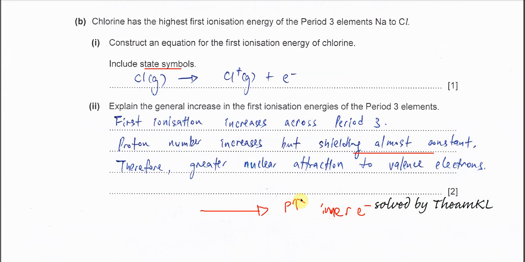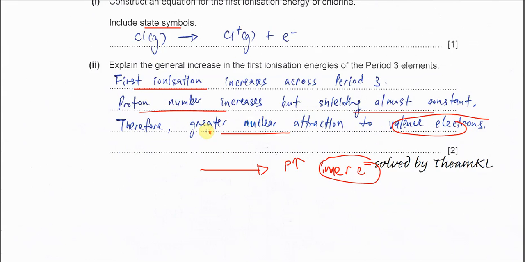That's why the shielding is almost constant. Shielding is mostly contributed by inner electrons. Because proton number increases but the shielding is almost constant, it ends up with a greater nuclear attraction to the valence electron, and the electrons are harder to remove, so the first IE increases. More energy is needed to release the electron.